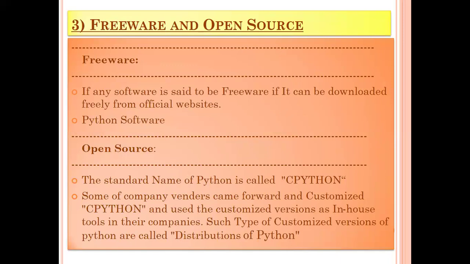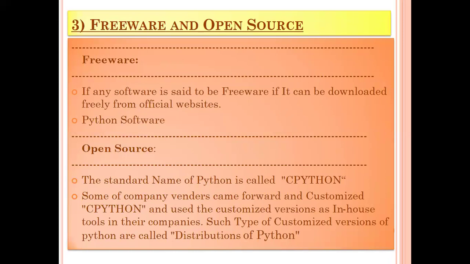And why is it known as open source? Because the standard name of Python is CPython. And the companies using customized versions are customizing their names also.